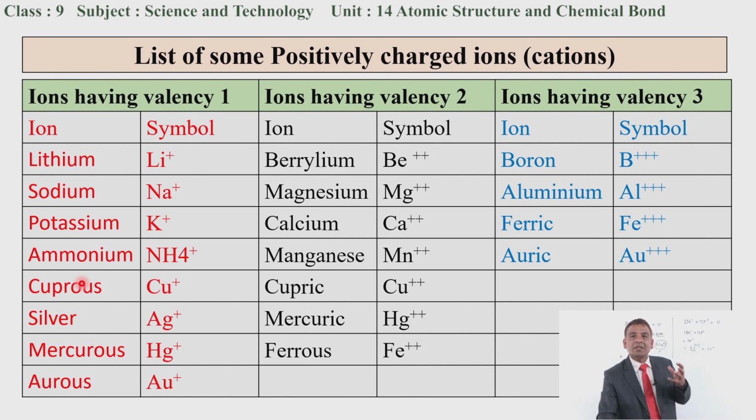OUS as a suffix indicates the lower valency. Such atoms have multiple valencies. That means sometimes they show valency 1, sometimes another one. Like cuprous indicates it has 2 valencies, that is valency 1 as well as valency 2. OUS indicates the lower valency state of the atom, like Cu plus.